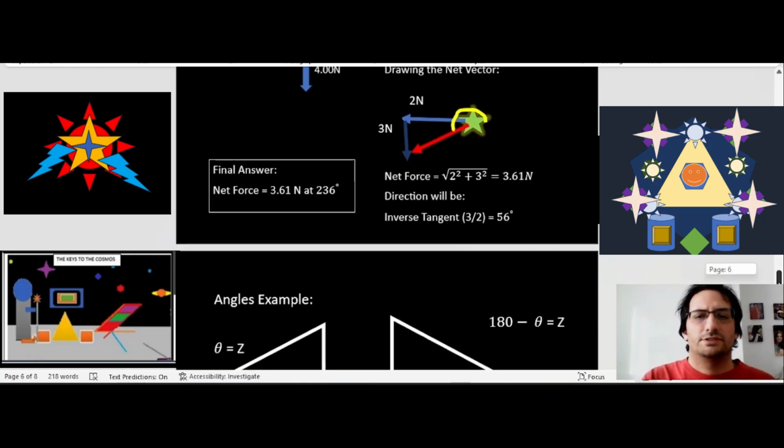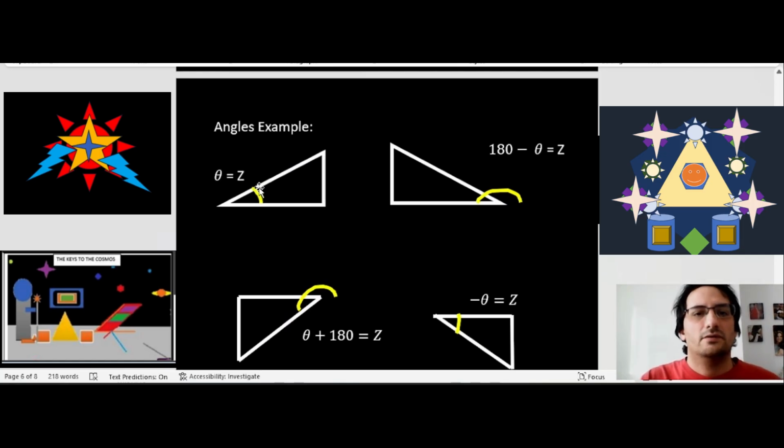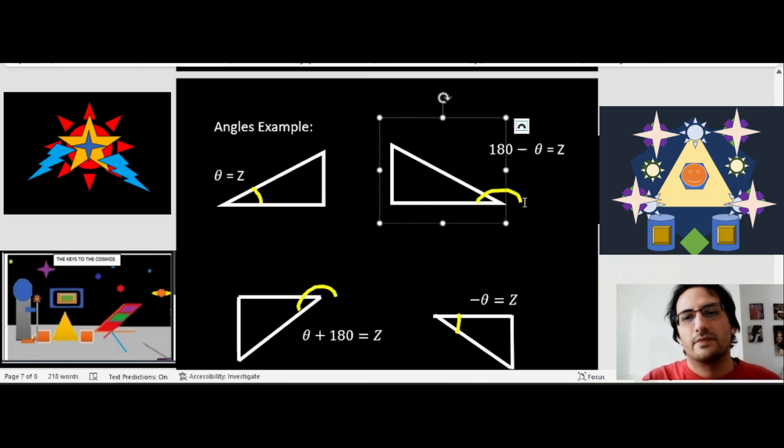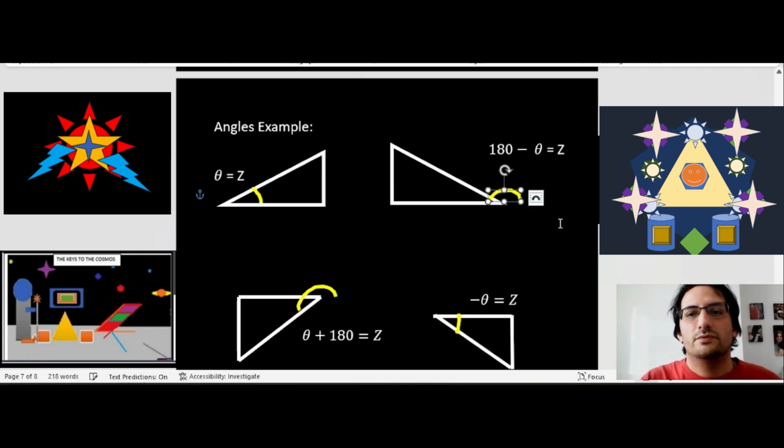How do you know the direction? Well, if the net force angle is like in this one right here, the angle is just from the x-axis, so that's pretty straightforward. If it's more like in this case, you're going to have to find the angle from here to there, right? So if you know what the angle is inside the triangle, you're going to have to do 180, which is from here to the x-axis in the negative direction.